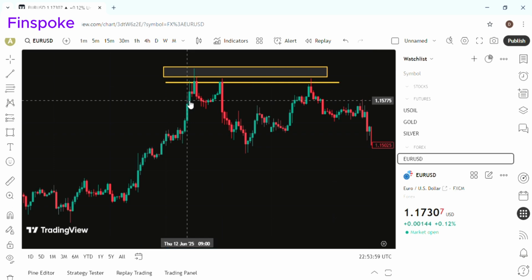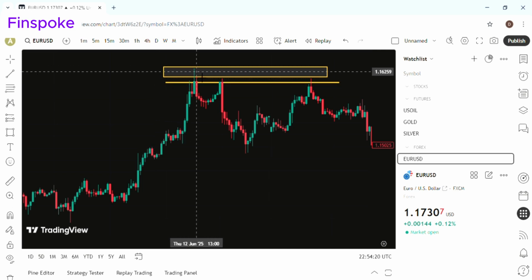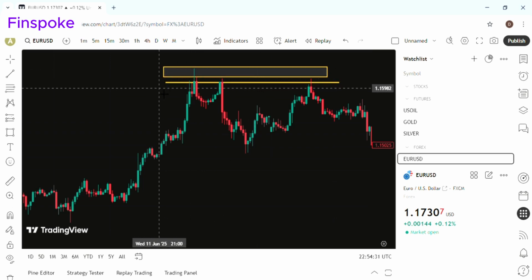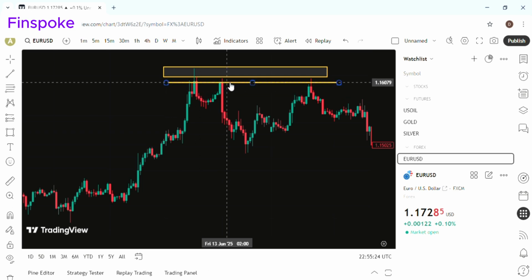So what you need to do is look out for candlesticks with long wicks, just as you can see here. This is a candlestick with a long wick. What this wick is telling you is that this is an area of rejection. So price is being rejected in this area.